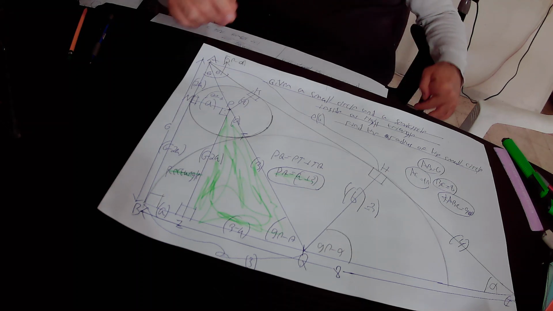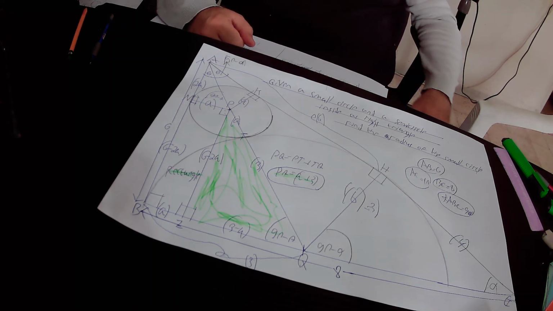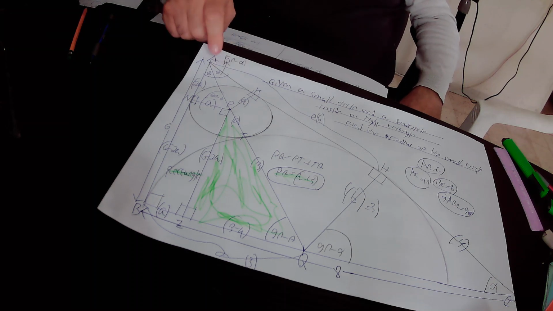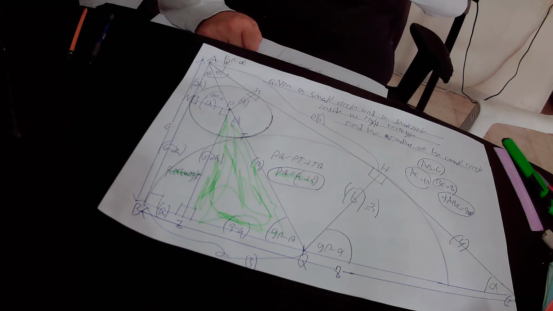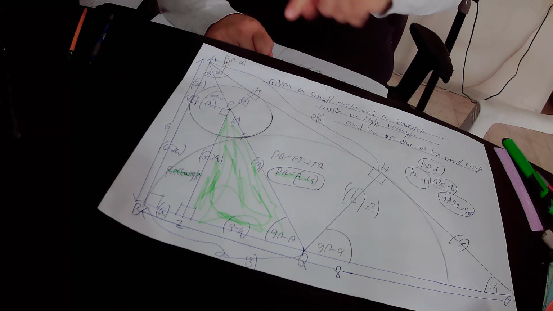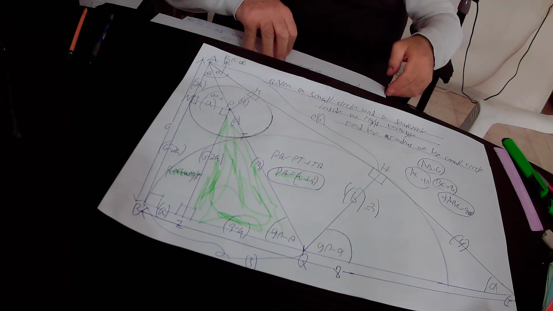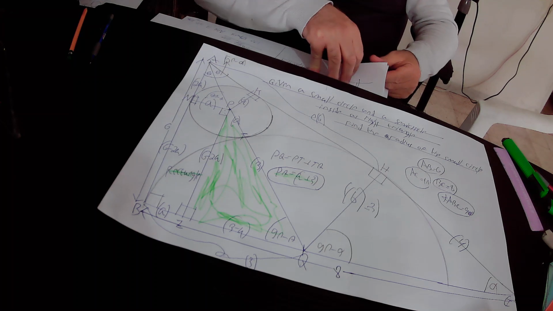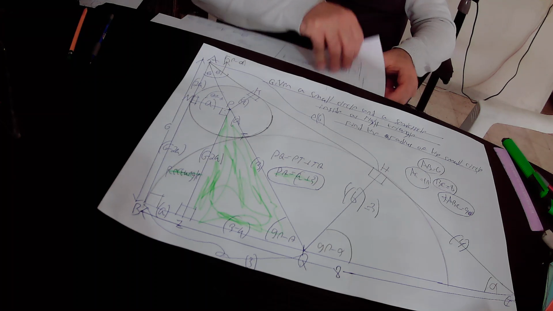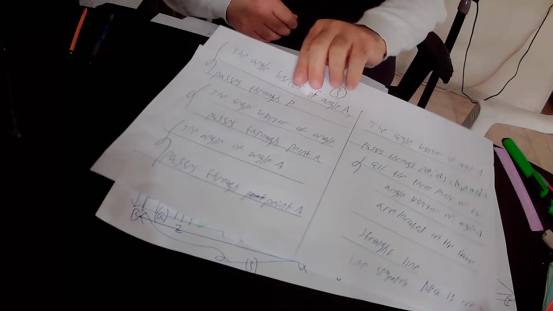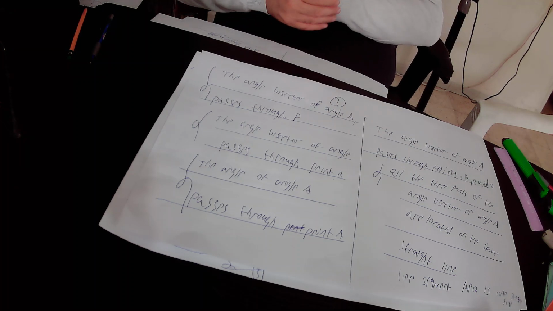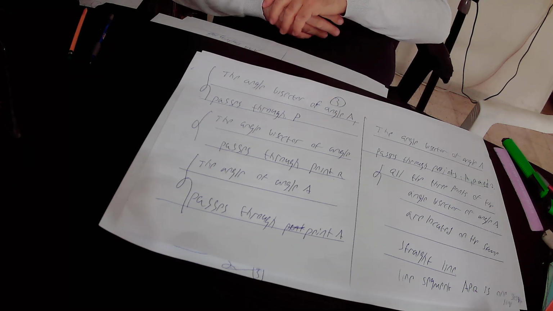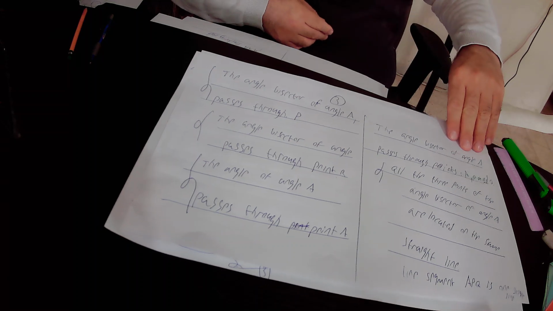And according to rule 15, the angle bisector of this angle A must pass through point P, that is the center of this small circle. Again, the angle bisector of this angle A must pass through point P, that is the center of this small circle. So according to rule 15, the angle bisector of angle A passes through point P.